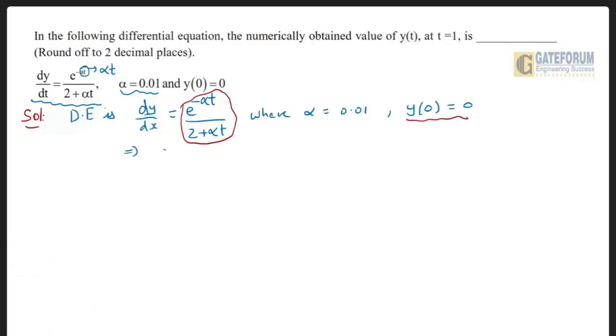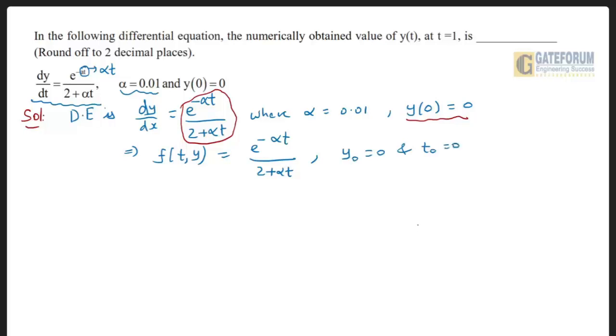This implies f of t comma y is e power minus alpha t divided by 2 plus alpha t, with y naught 0 and t naught also 0.